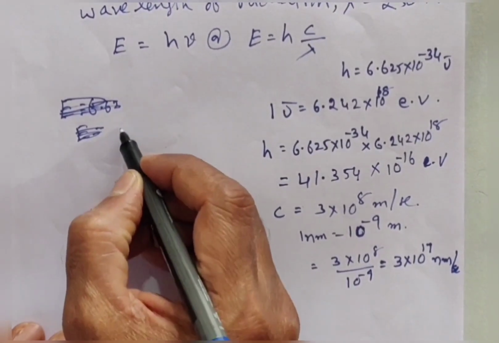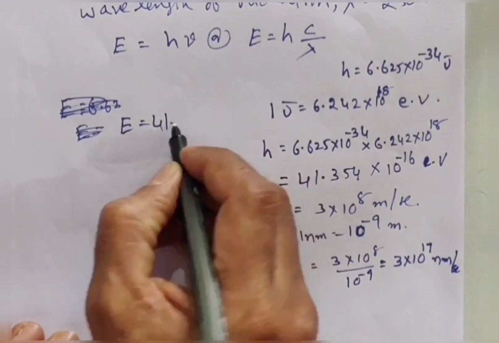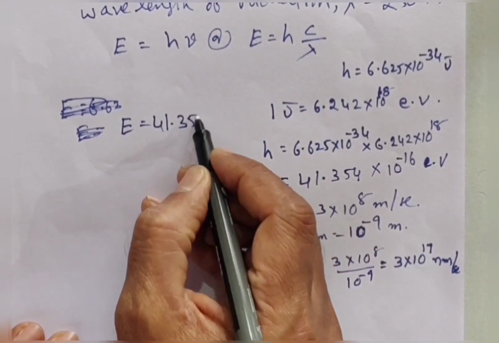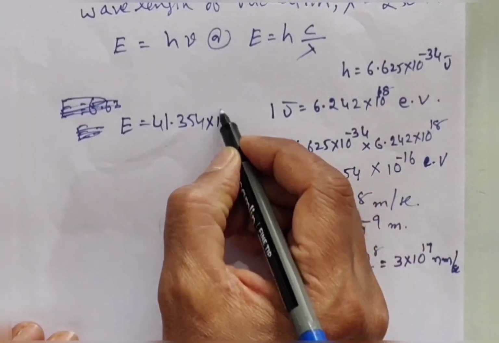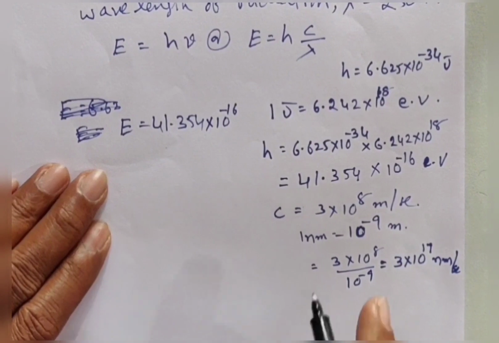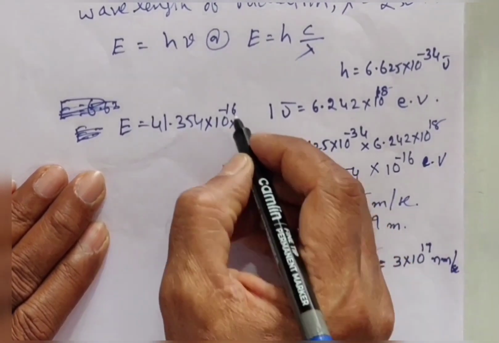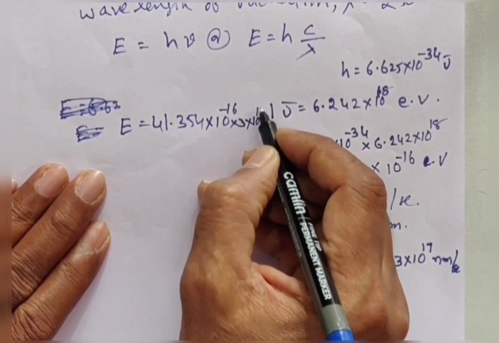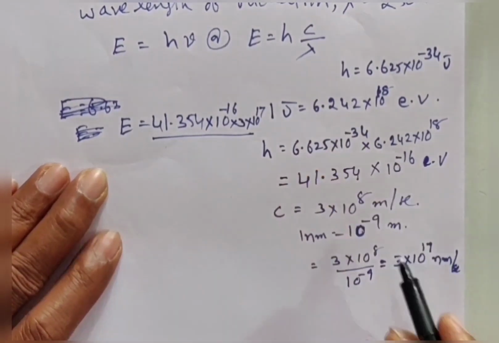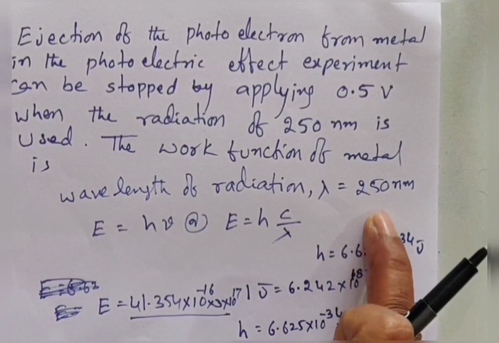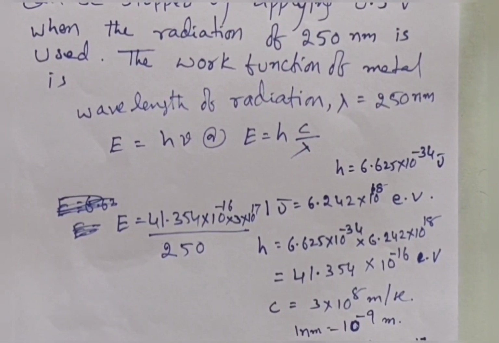Now we have to calculate by using these values. First, E is equal to h value 41.354 into 10 power minus 16, and c value is 3 into 10 power 17 by lambda value. The given lambda value is 250 nanometers, right?